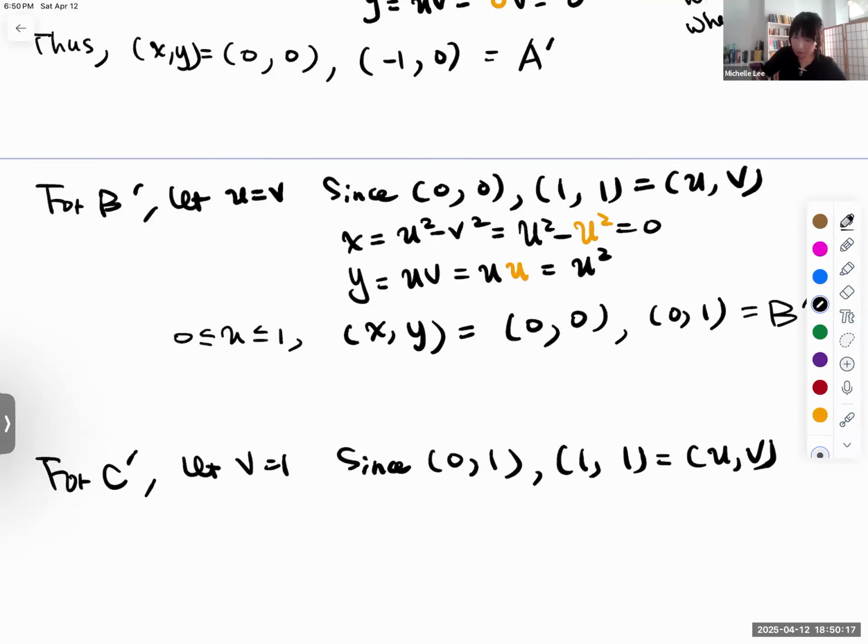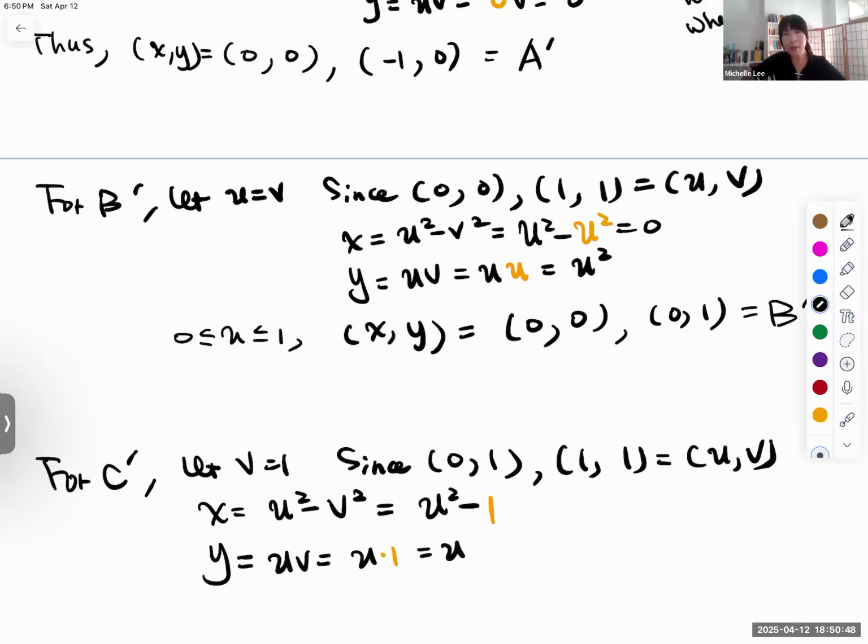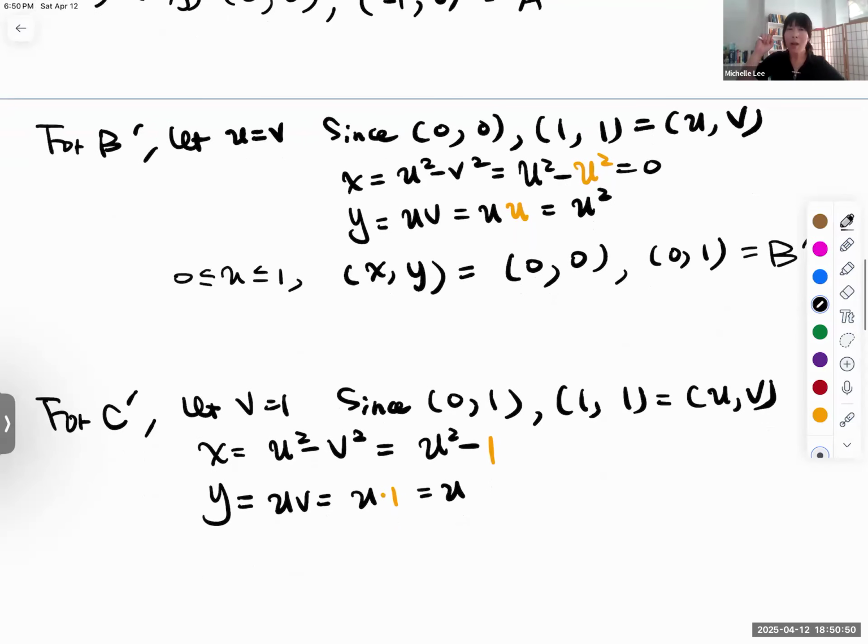We have this one, right? X equal to U square minus V square, Y equal to UV. So X equal to U square minus V square, with V equal to 1. We have that. And then Y equal to UV and V equal to 1, so U. Okay, now let's take a look.